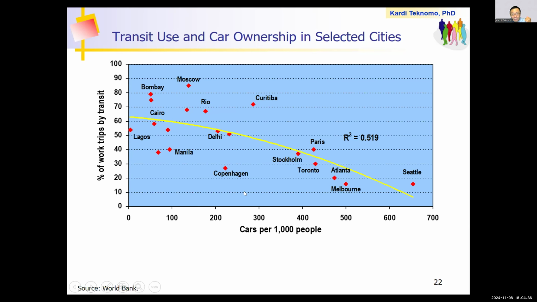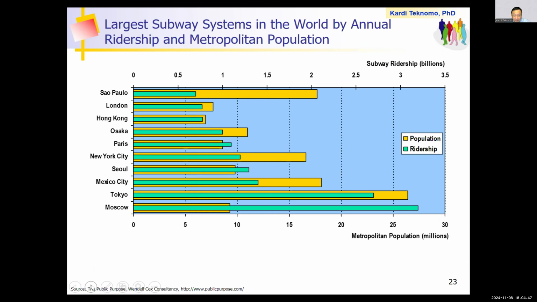These are transit use and car ownership for different cities around the world. And these are the subways, the largest subways in the world, with very old data.